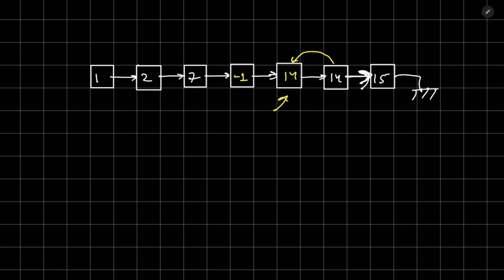So 14 will come here, and now you will copy this 15 from here, as we are just taking the value from the front node and saving it in the current node. As you can see, here it was 11. We have removed 11, and the order of the elements is the same: 1 2 7, then -1 14. The elements before 11 and the elements after 11 are in the same order.